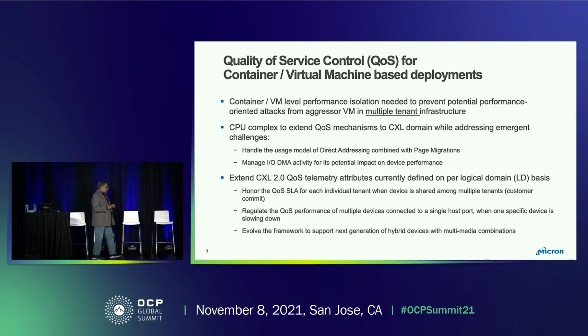The key problem statement that all of you are very well aware of is that in container or VM multi-tenant deployments, it is quite possible that you could have an aggressor VM profiling the posture of your infrastructure and then mounting an attack to slow down or to deny service to the other VMs, and we must prevent that.